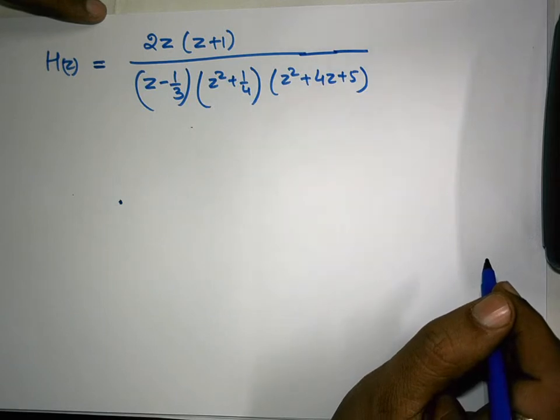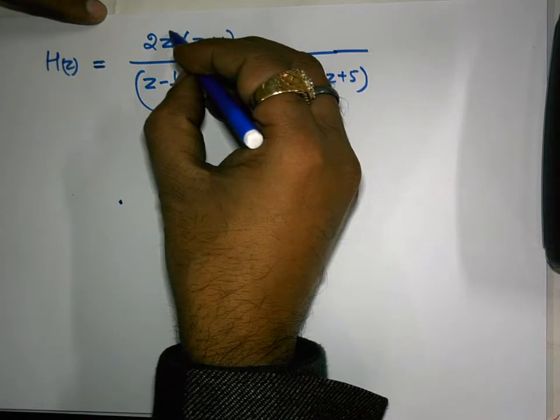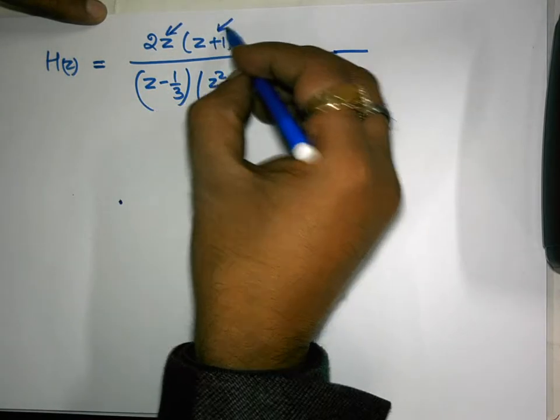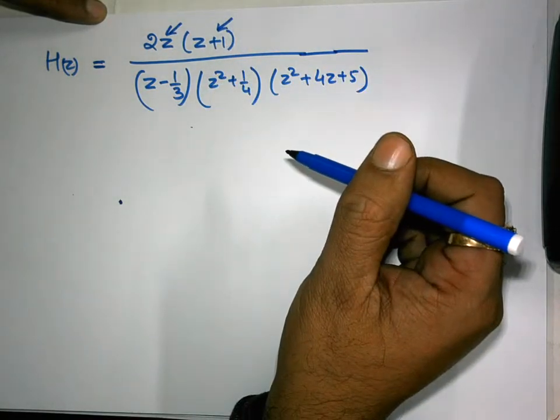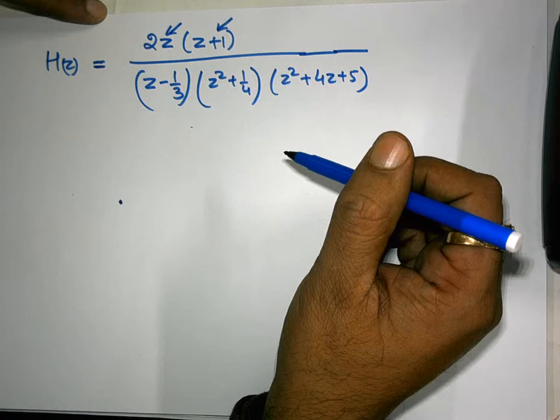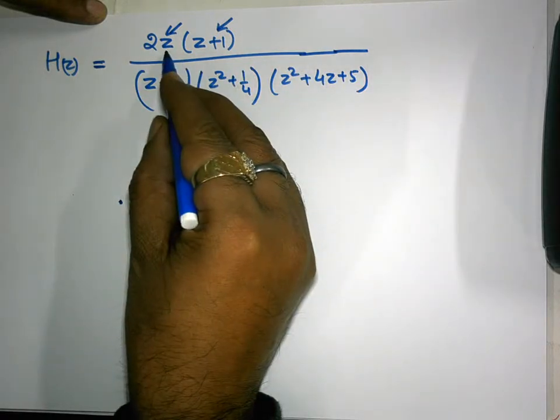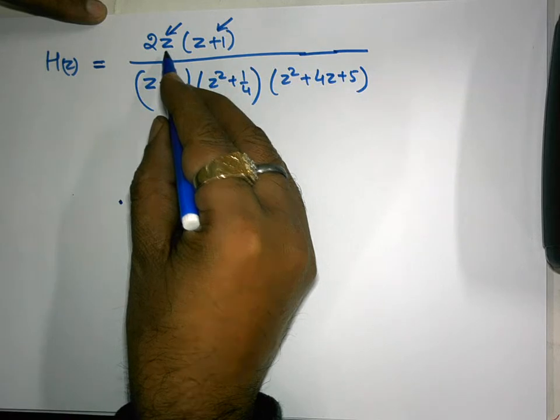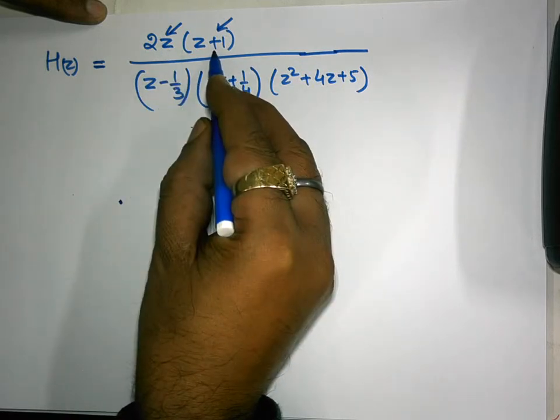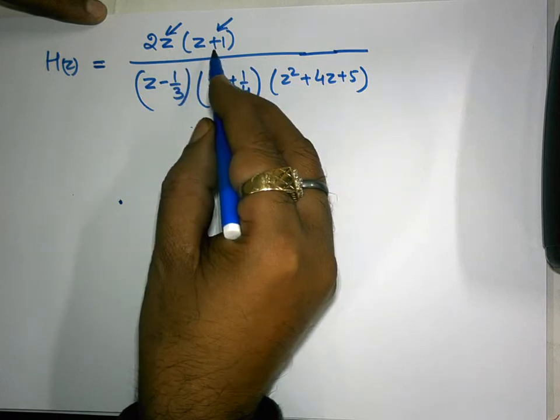This is very simple. You can very easily see the zeros. If you equate the numerator polynomial equal to 0, a zero occurs at Z is equal to 0, and a zero occurs at Z is equal to minus 1. The roots of the numerator polynomial will give you the zeros.